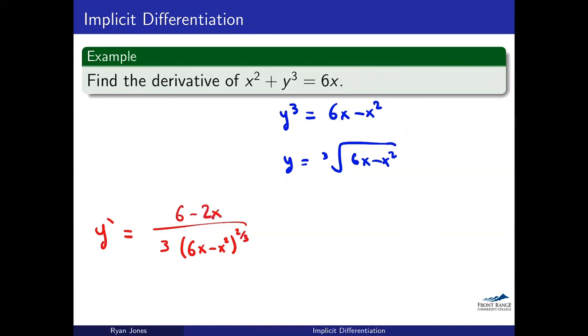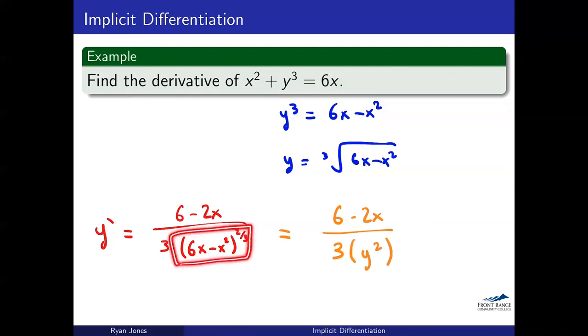And what I hope that you can notice here is that this looks like (6 minus 2x) over 3 times y squared. And now this is a little tough, but this part right here is equal to y squared.